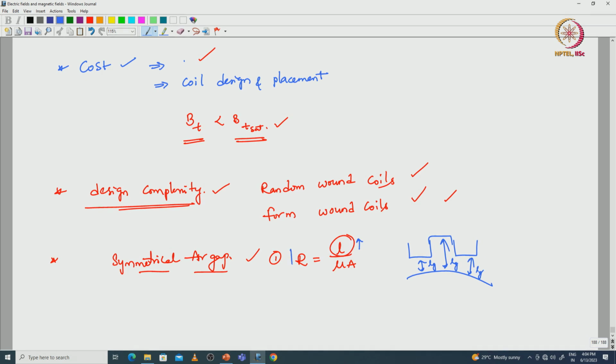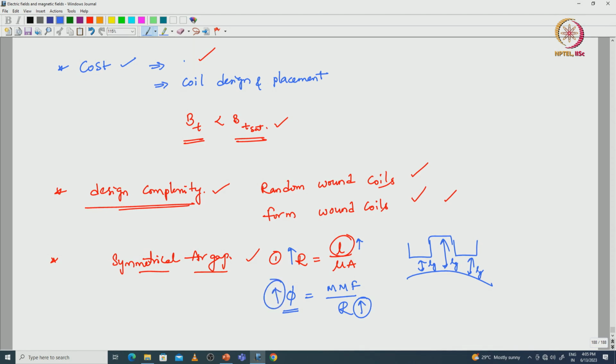That means reluctance keeps on changing from one slot to another slot. Then automatically the flux will change, right. If the reluctance is changing, flux is nothing but MMF by reluctance, from the magnetic Ohm's law we have discussed. If the reluctance is varying, then automatically the flux also will vary.